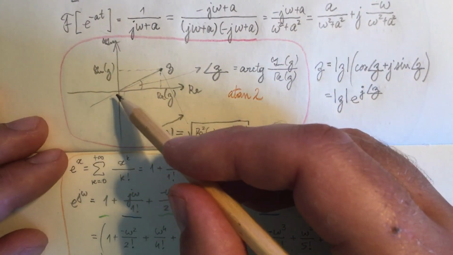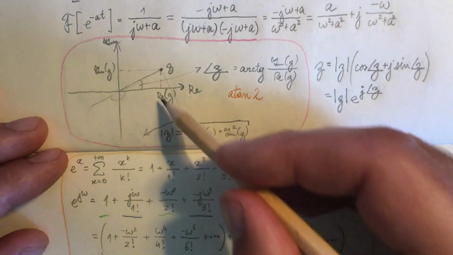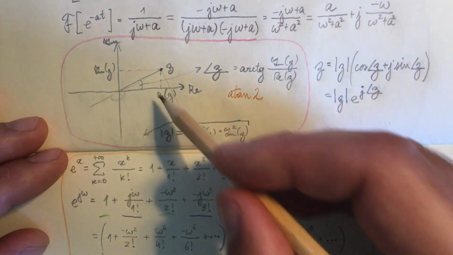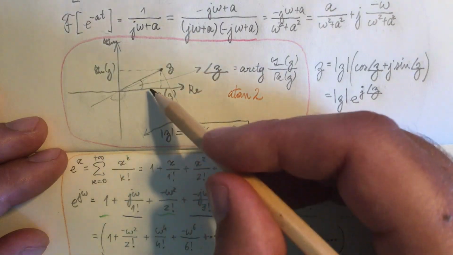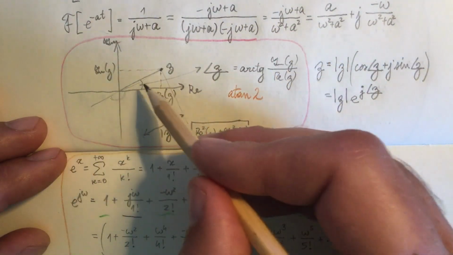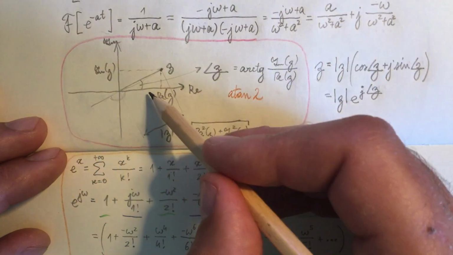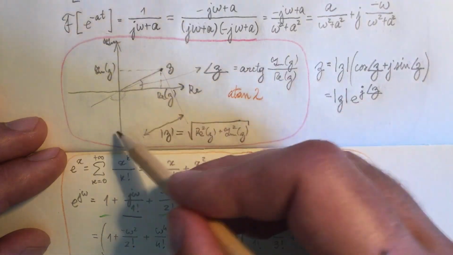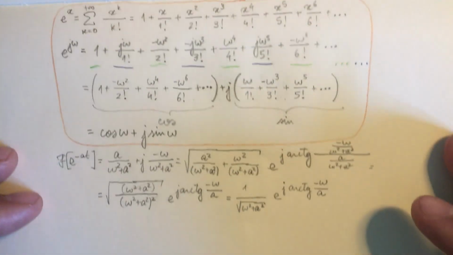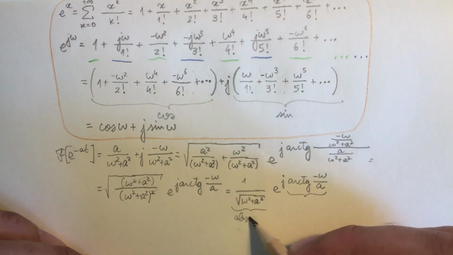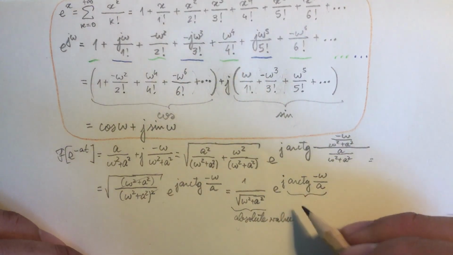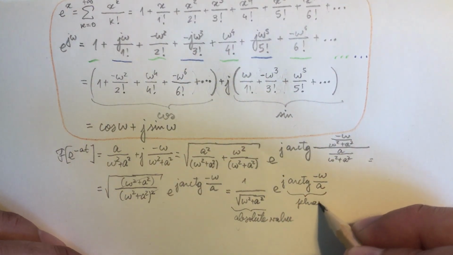This means that here in the complex plane, we will be in this quadrant here. We will have values between 0 and minus 90 degrees, or if you prefer, between 270 and 360 degrees, which is the same. This being the absolute value, or modulus, and this being the phase.